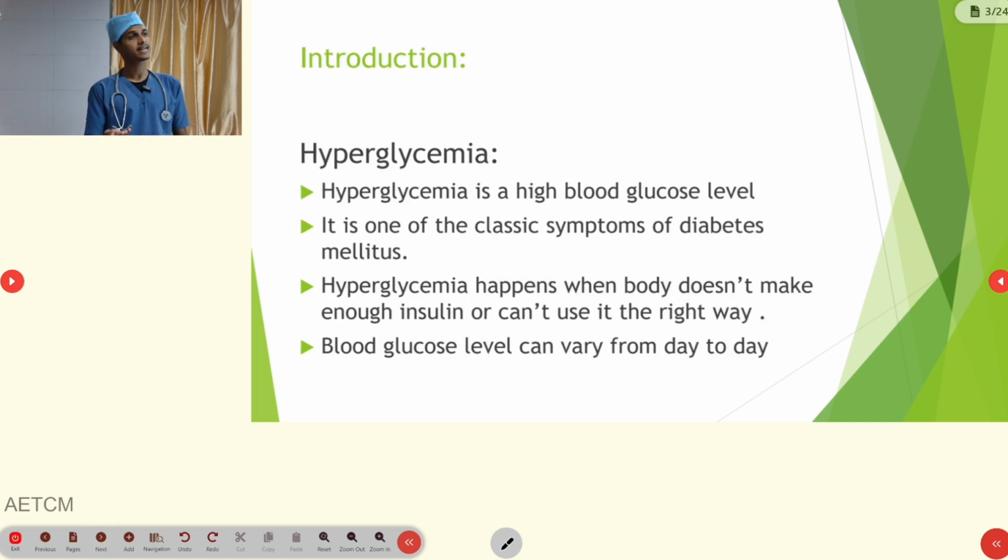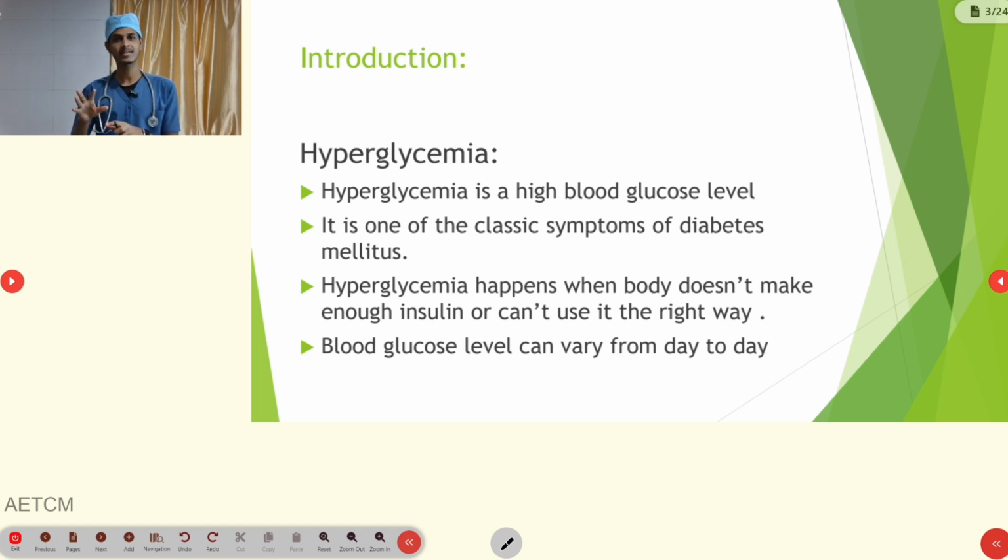Okay, before getting into the DKA and that scenario, commonly in diabetic emergency, you have both entities, hypo and hyper. Means in diabetic emergency, you will get hypoglycemia and hyperglycemia. In hyperglycemia, again we have two subdivisions, that is DKA and HHS: diabetic ketoacidosis, and hyperosmolar hyperglycemic state or hyperosmolar non-ketotic coma.